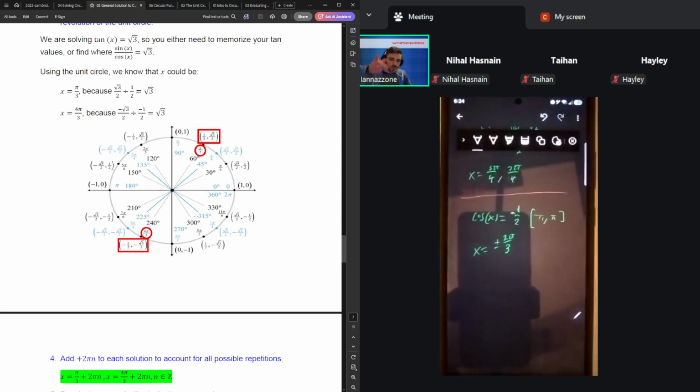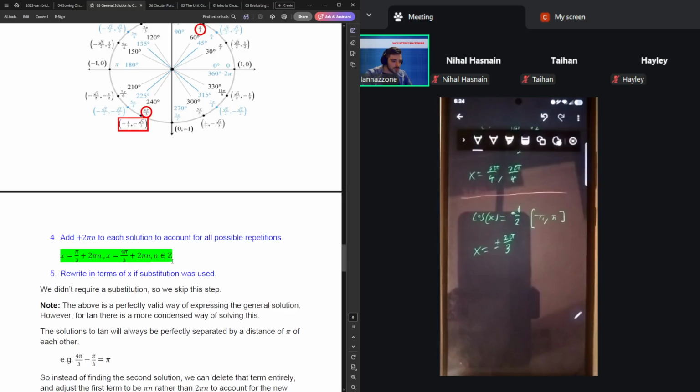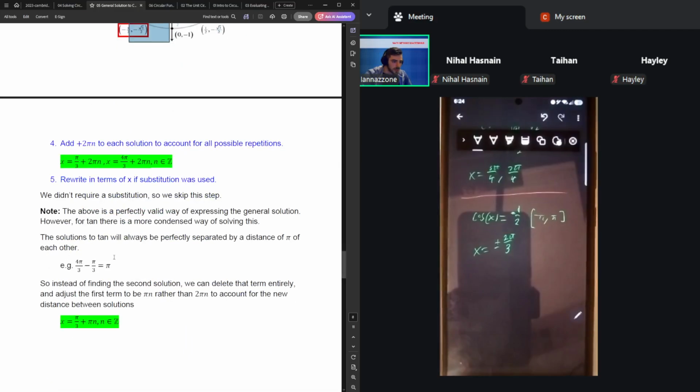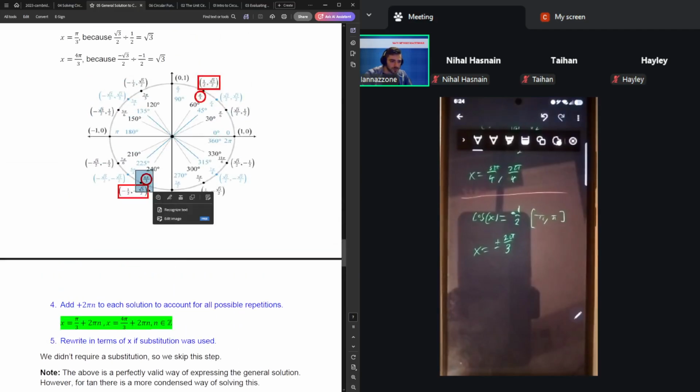That is a total angle of pi to get from one to the other. So, kind of like with cos, we're just going to kill the bigger one and just add pi n instead of 2 pi n. Rather than doing full revolutions from two spots, we do half revolutions from one spot.